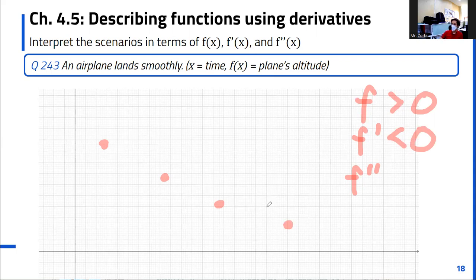Then we look at the second derivative. So a plane lands smoothly. How does a plane land? So when a plane is coming down to land, it would sort of come down quickly, but they don't come down really quickly when they're close to the ground because there's a high chance of crashing. So they decrease their rate of descent.